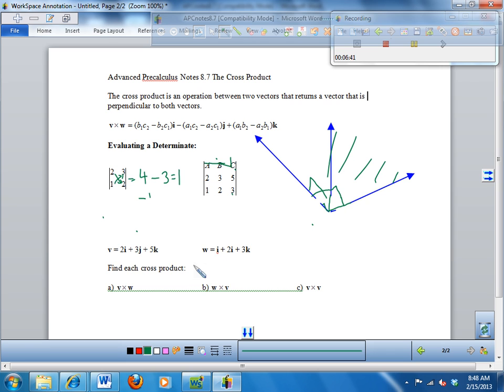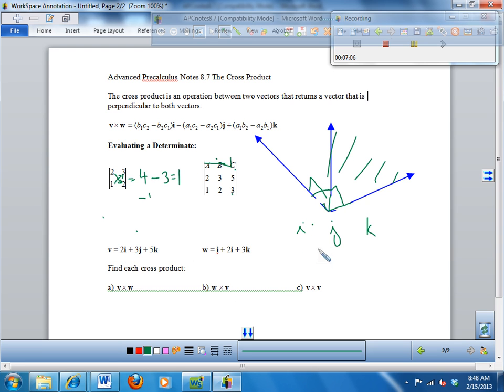So if you cross V cross W, you put your I, J, K up here instead of A, B, C. Order is important. V cross W and W cross V give 2 different things. They're opposites of each other.